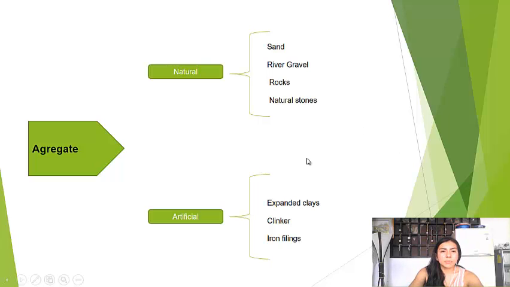Now I am talking about aggregate. Aggregate is an inert material and the principal component of the concrete mixture.